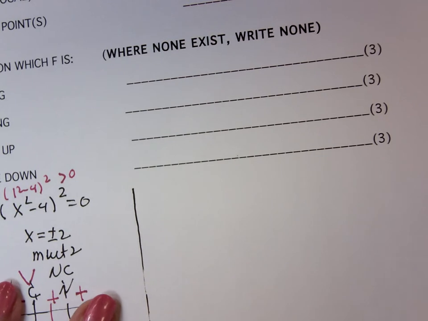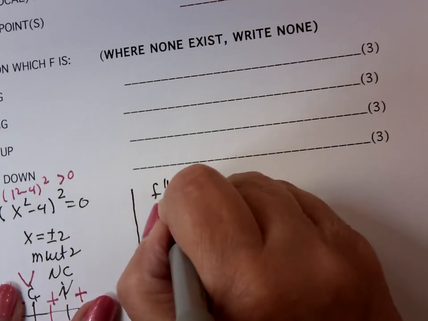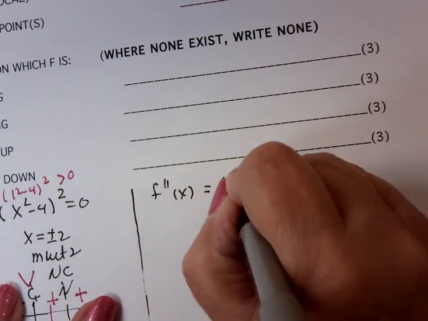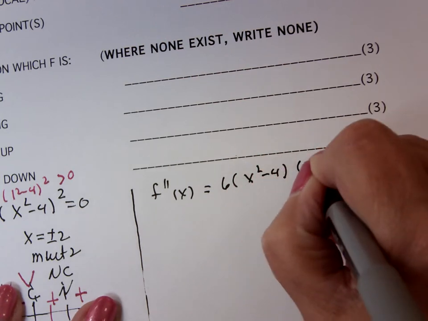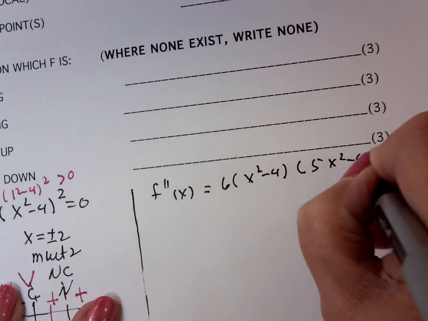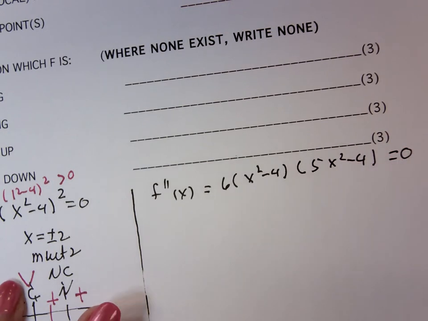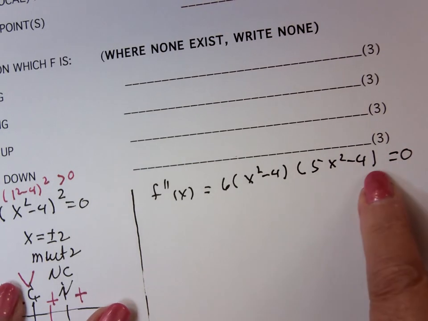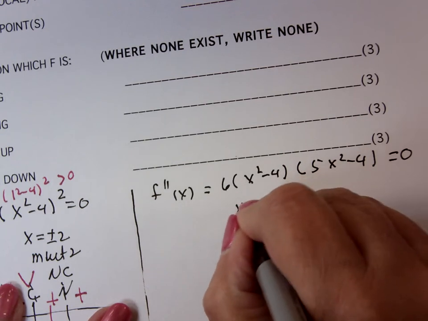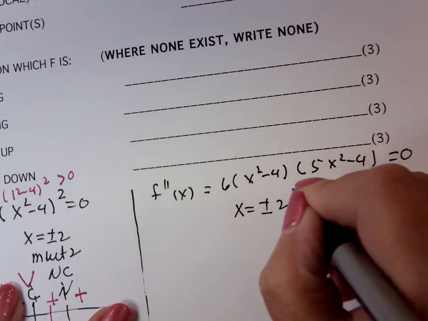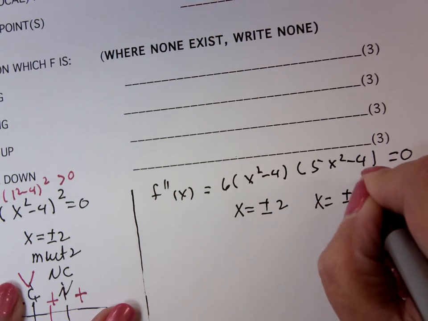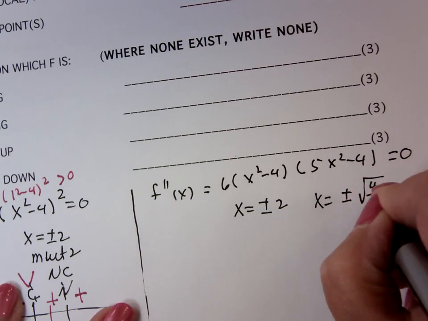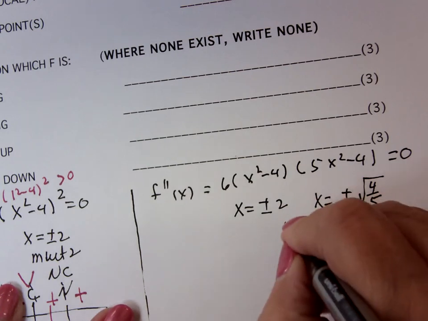We now go after the second derivative, which is 6 times x squared minus 4 times 5x squared minus 4 equals 0. They're all going to be multiplicity 1 coming out of here. This tells me that x equals plus or minus 2, and x equals plus or minus the square root of 4/5, all multiplicity 1.